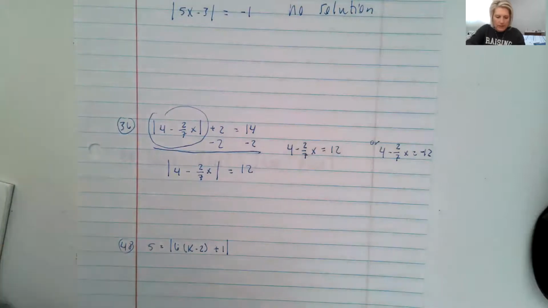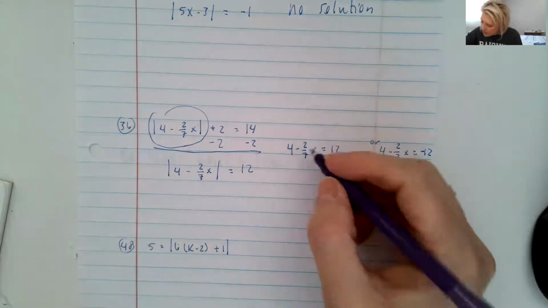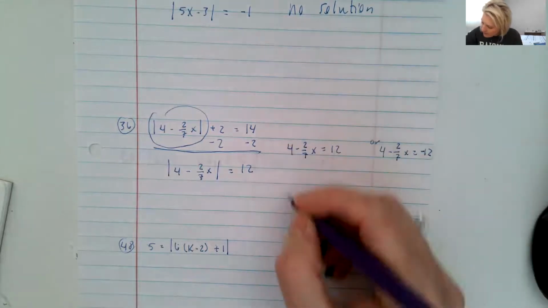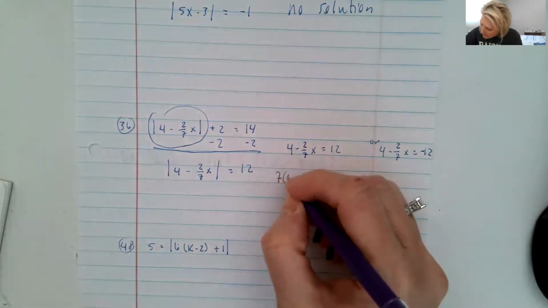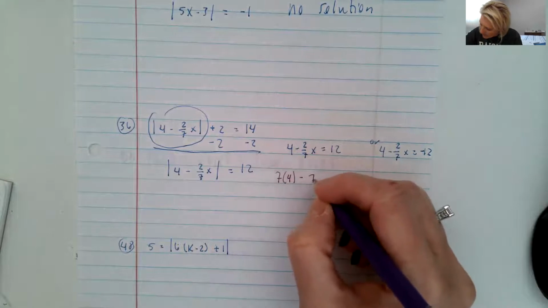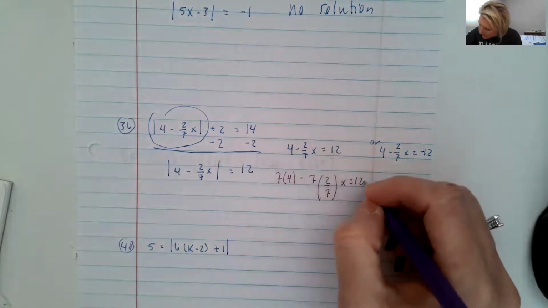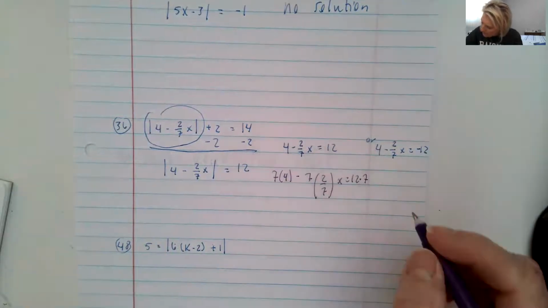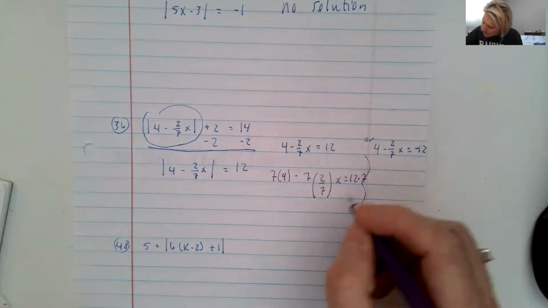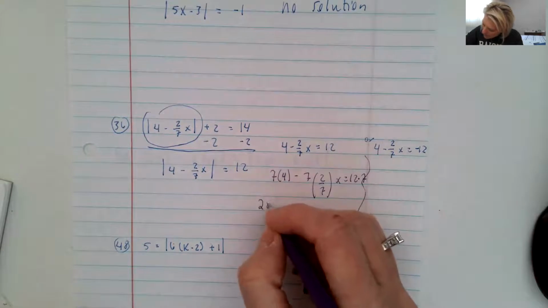Okay. So we have to multiply each term in the equation by 7. So we're going to say 7 times 4 minus 7 times 2/7 x equals 12 times 7. So we'll have 28.